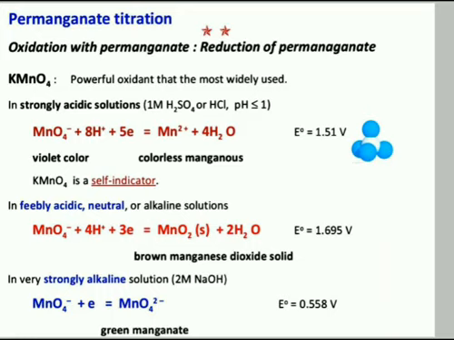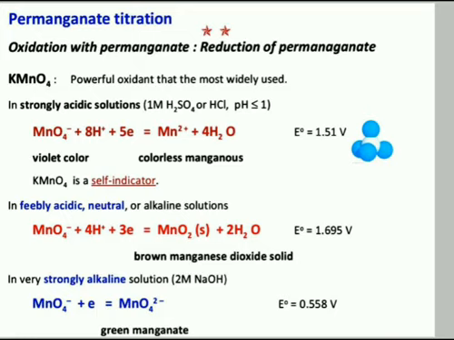In feebly acidic, neutral or alkaline solutions, MnO4 gives manganese oxide. Here the manganese dioxide is a brown solid that is forming. In very strongly alkaline solution, there is a formation of MnO4 2 minus, that is green manganate.